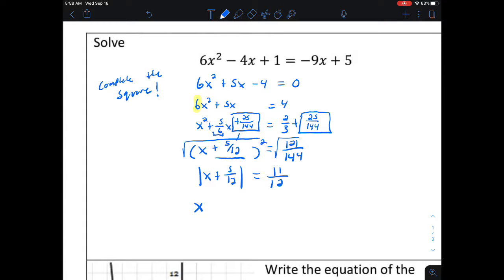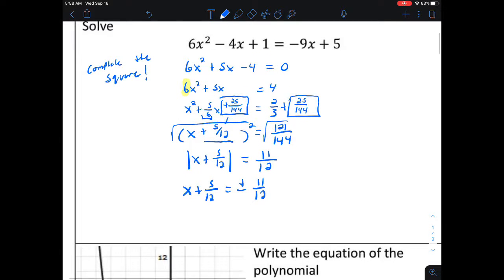Now we get two cases. X plus 5 over 12 is equal to positive or negative 11 over 12. Then we move the 5/12ths over. We have x is equal to negative 5 over 12 plus or minus 11 over 12.